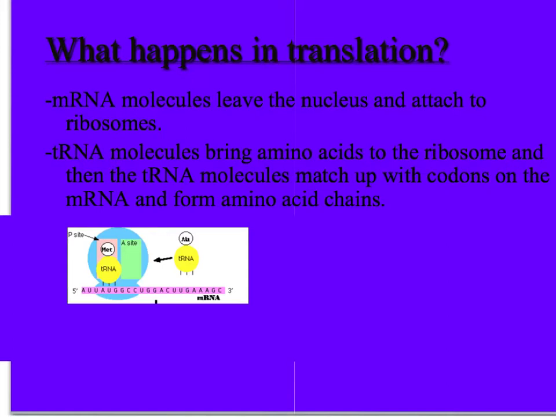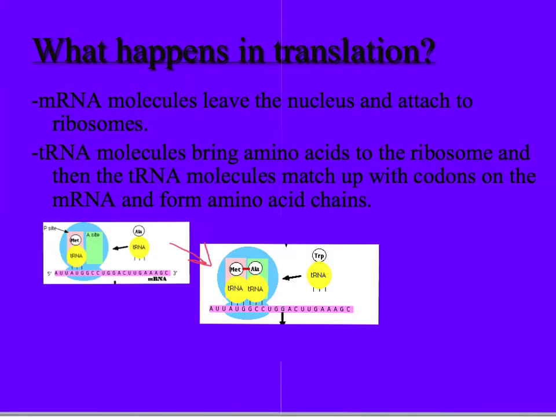So essentially what happens is you have your mRNA strand here, it attaches onto your ribosome, and tRNA, which is represented by these little yellow circles, read the words like AUG and say, oh, AUG codes for the amino acid methionine, which is attached to the top of the tRNA strand. So it attaches a methionine onto the original mRNA.